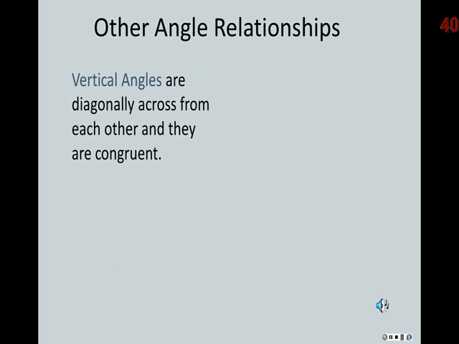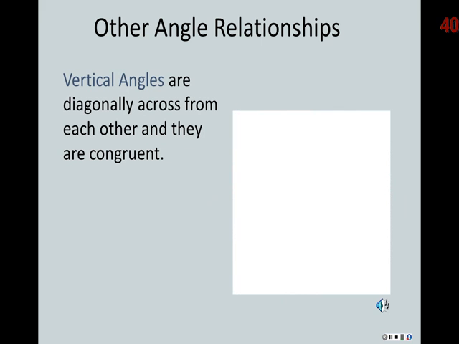Now, this is another special relationship, and one that is used in geometry all the time. Vertical angles. In order for you to have vertical angles, you have to have this condition: 2 crossing lines. No, I'm not talking about supplementary. I'm talking about vertical right now. In order to have vertical angles, you must have 2 crossing lines.